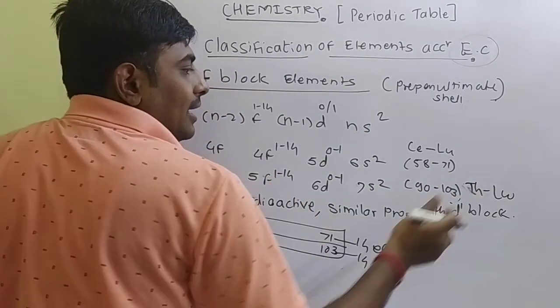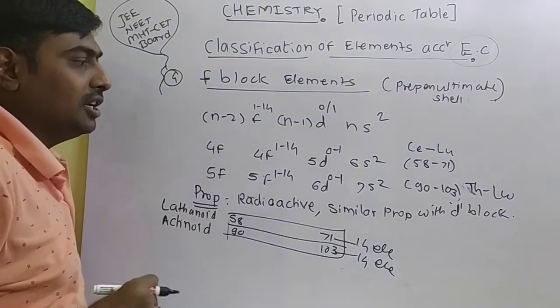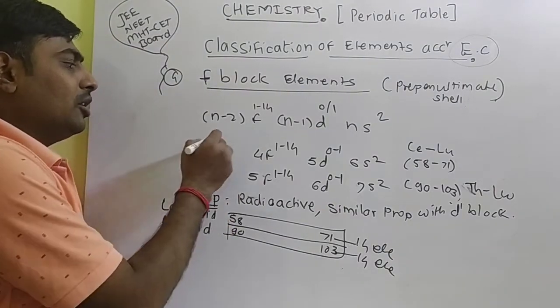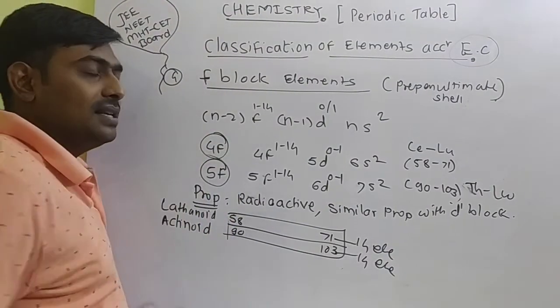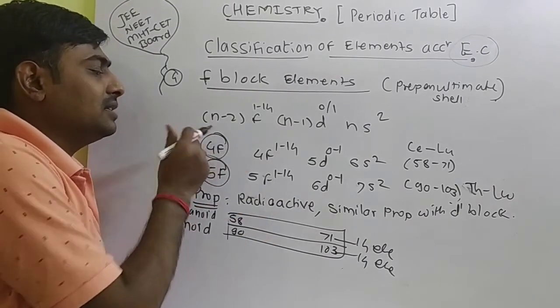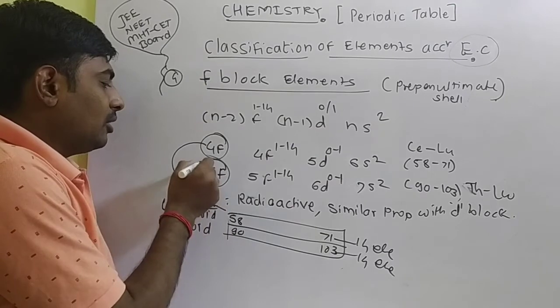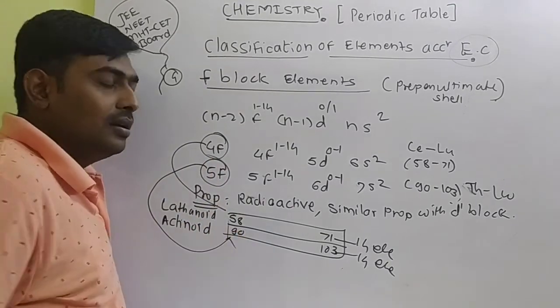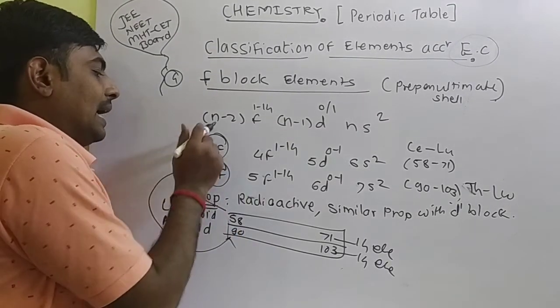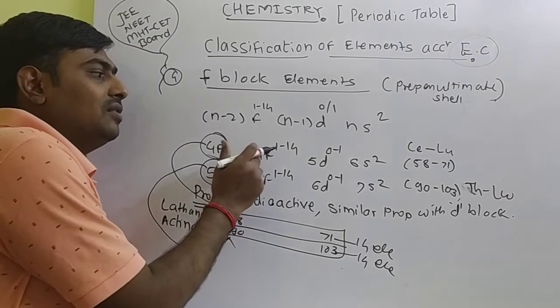You can write Lw or Lr for the lawrencium element. So, electronic configuration for the 4f and 5f series: the valence electron enters the pre-penultimate shell of the 4f orbital, or the valence electron may enter the 5f orbital. So one will be the lanthanide series, and this one will be the actinide series electronic configuration.